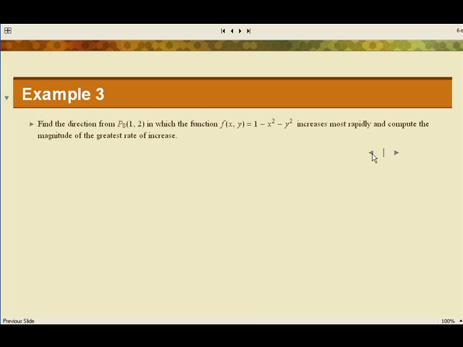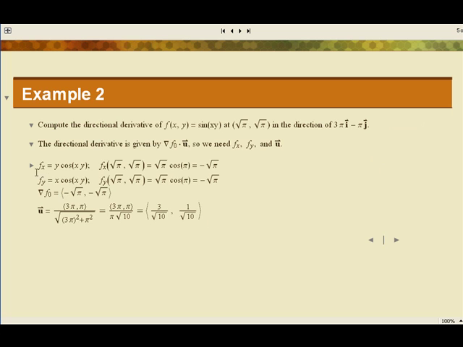So now off of that, I just have to compute the dot product. So the dot product there, gradient of f naught dot u. So this is going to be negative root pi, negative root pi, dotted with this other guy. So just first components multiply plus second components multiply. So we get negative 3 root pi over root 10 minus root pi over root 10.